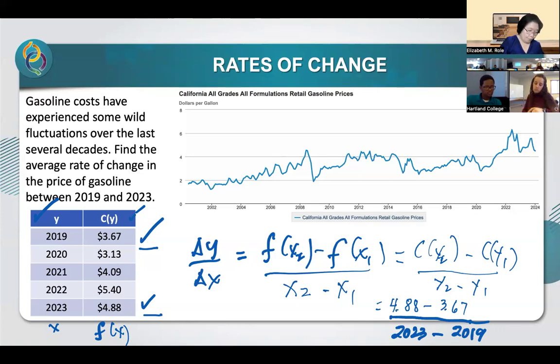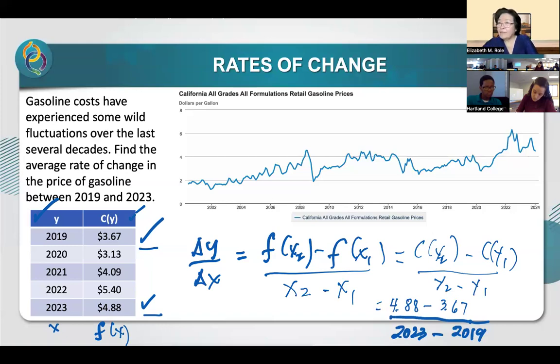That will be about a 4-year difference. 4.88 minus 3.67, you have 1.21, and we divide that by 4.